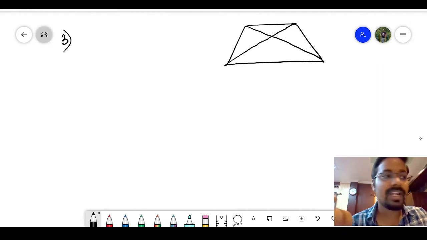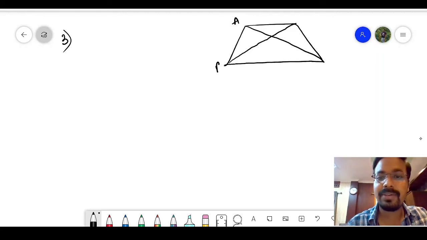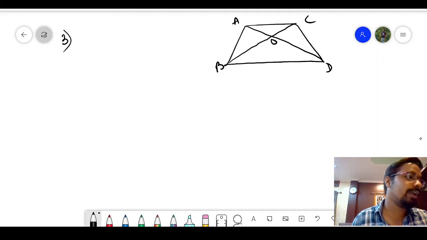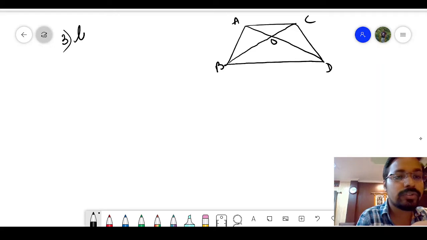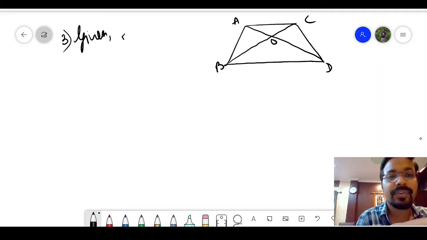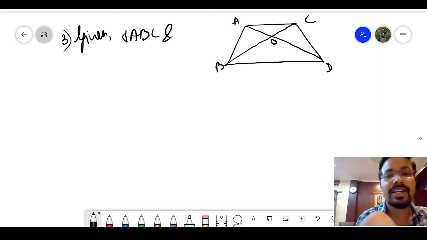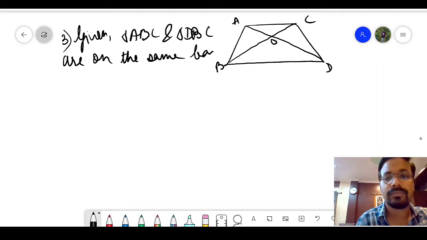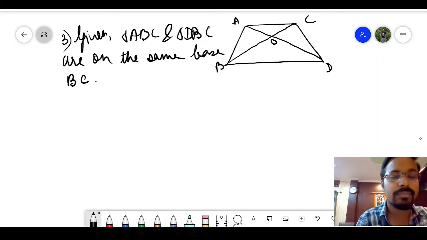Okay, so we have triangle ABC here, and triangle DBC. They are both on the same base BC and they intersect at O. AD and BC intersect at O. So we have to show, what do we have to show? So first of all, we can write what is given. Triangle ABC and triangle DBC are on the same base BC.